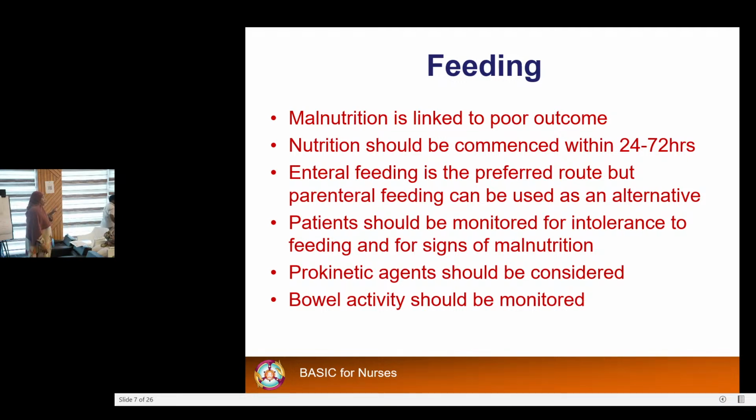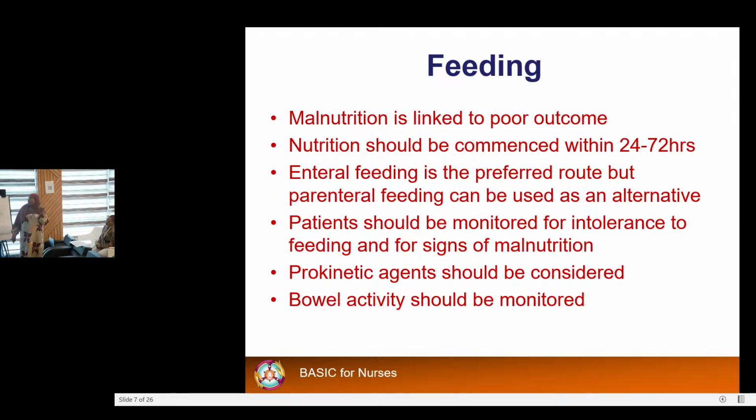So if those signs are present, you have to make sure that you intervene. It is recommended that if there are signs of intolerance, prokinetic agents can be used, which increase gastric motility and also reduce feeding intolerance. The common ones which we use are metoclopramide or erythromycin, is it?